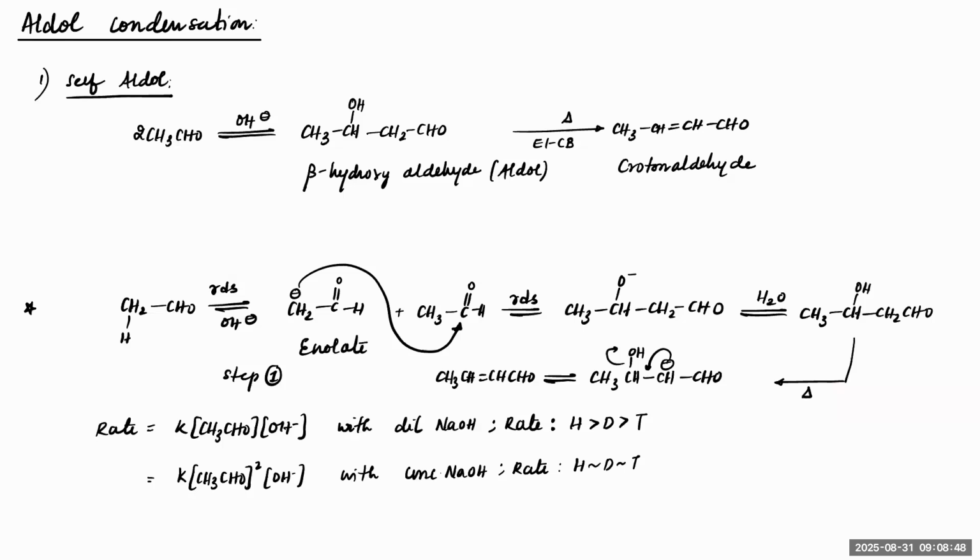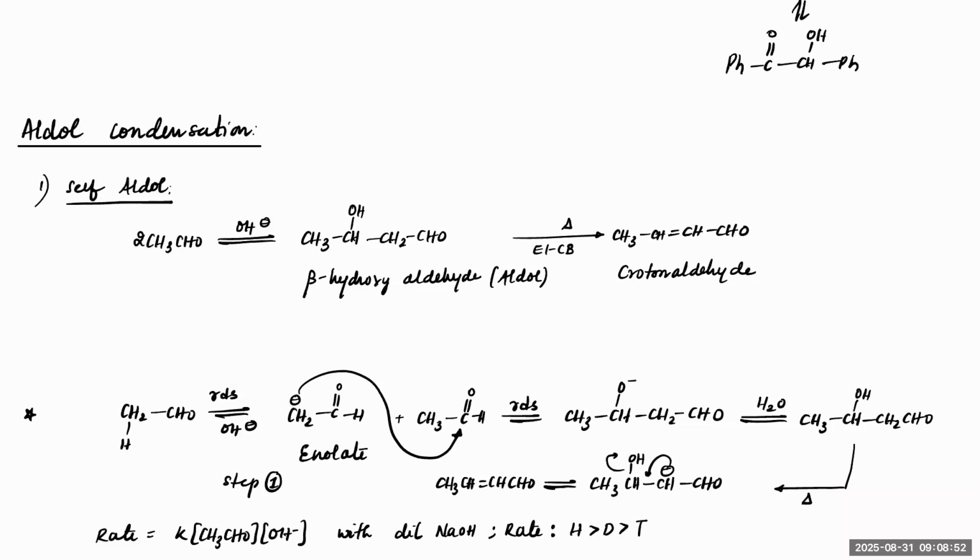And for aldol, what is the important condition? See, for aldol, these are the opposite conditions of Cannizzaro for aldehydes and ketones. The first condition is it must have alpha hydrogen. Second condition is use dilute base, dilute base as OH minus.